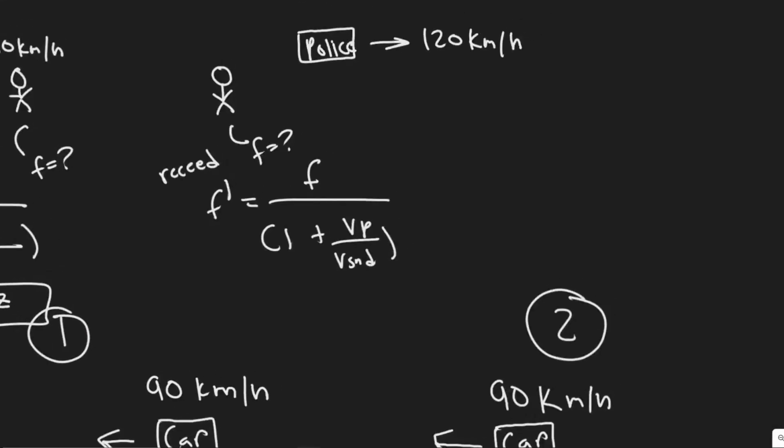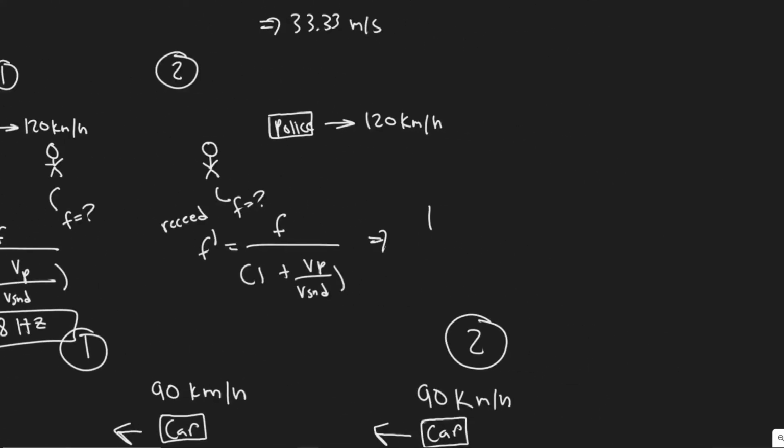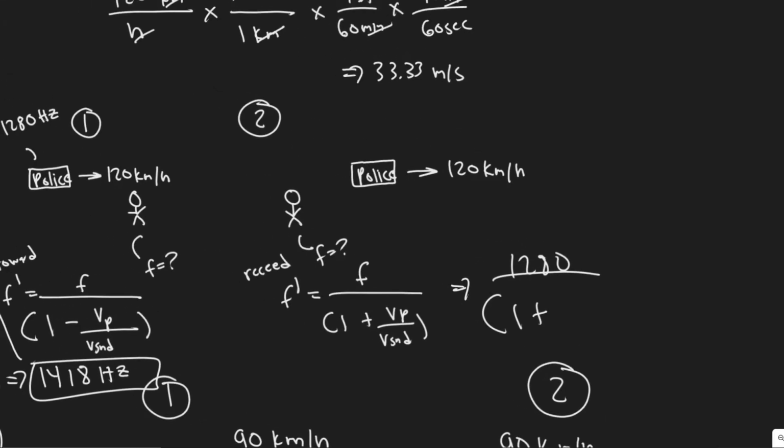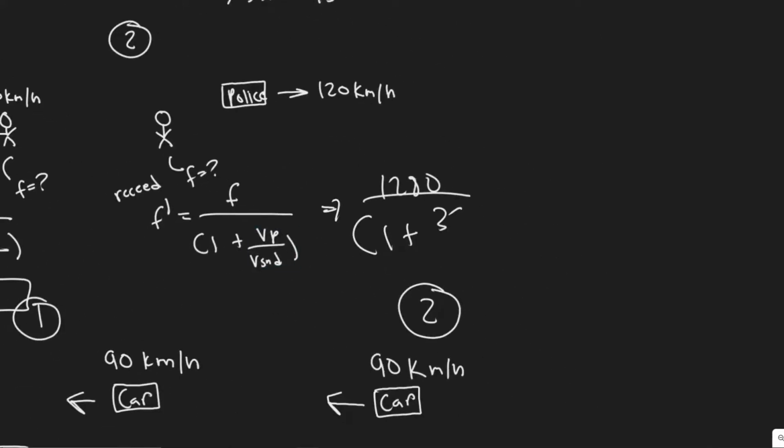And then receding, we have f, which is, what was it again? 1280? Yeah. 1280 over 1 plus the velocity of our police car, 33.33, divided by the velocity of the sound, 343. And let's see what this is.